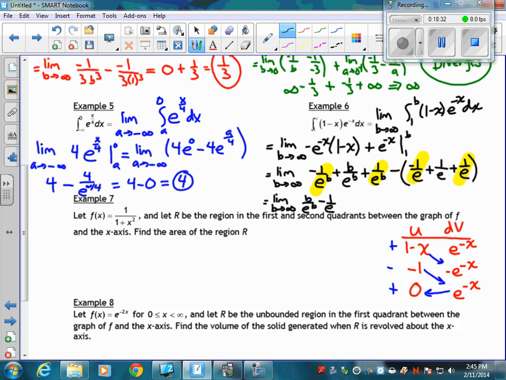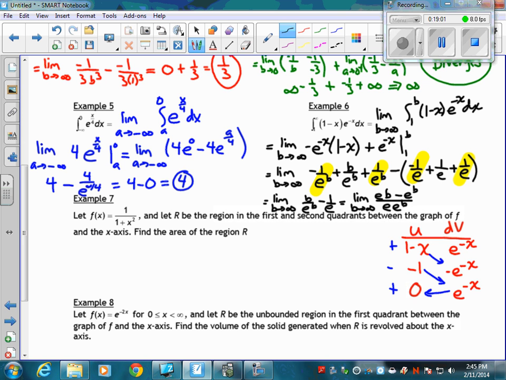So at this point, I need to really combine my like terms probably to make a single fraction. So I need on the bottom, I need to multiply the first one by an e over e. So I have e times b minus e all over e.